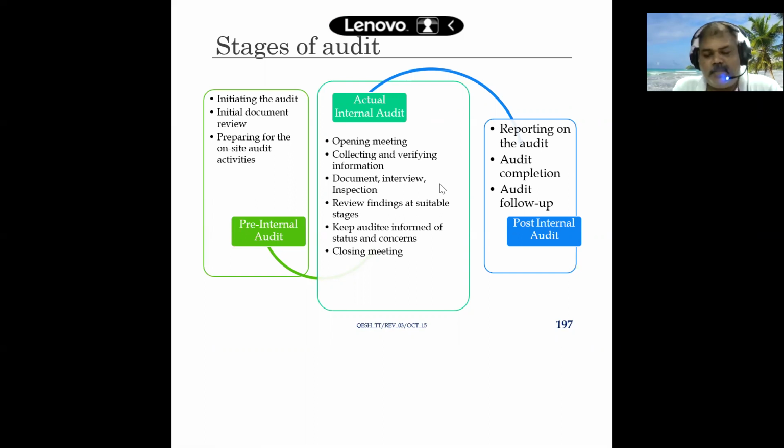Basically the audit principle, number one, is DR, PI, and IP. DR means document review, PI means physical inspection, and IP means interview the personnel. This is the basic principle of audit. So when you do audits, you have to collect and do document review, inspection, and review the findings at suitable stages, and keep your auditee informed of status of concerns and close meetings.